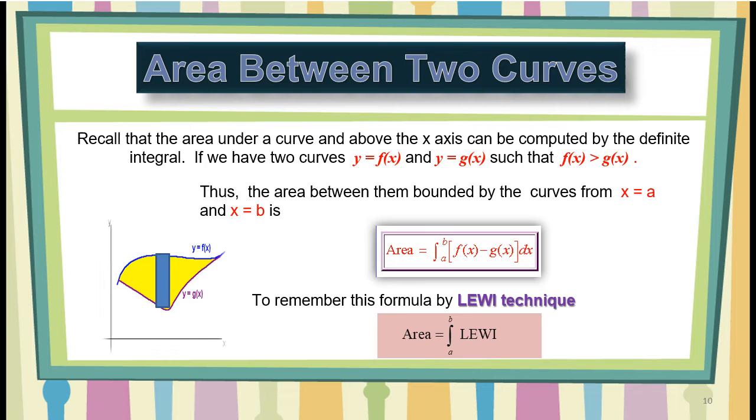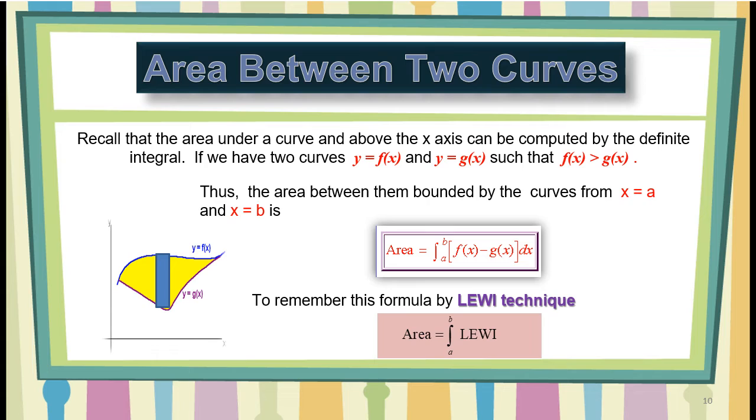Let's say we have two curves, y equal to f(x) and y equal to g(x), such that f(x) is above g(x). Therefore, the area between these two curves from x equal to a to x equal to b is the definite integral of f(x) minus g(x) with respect to x.